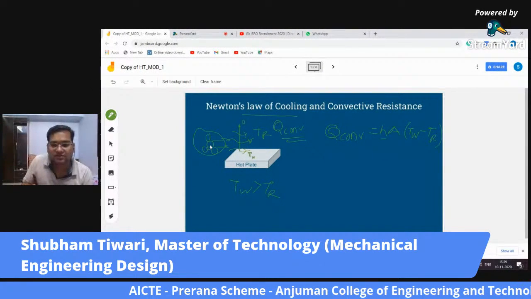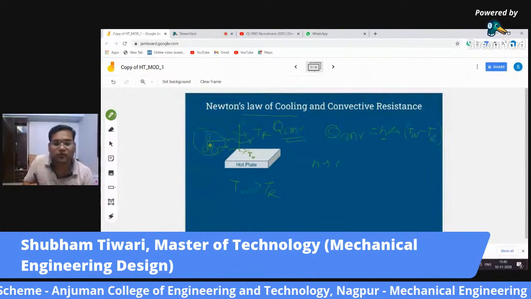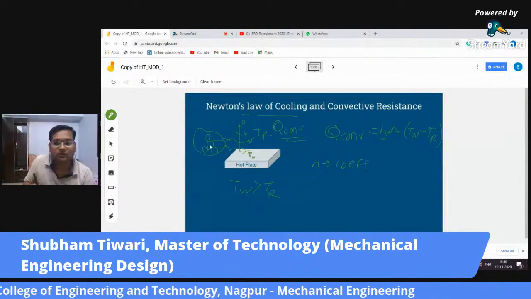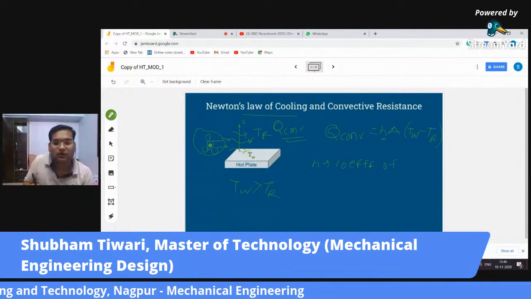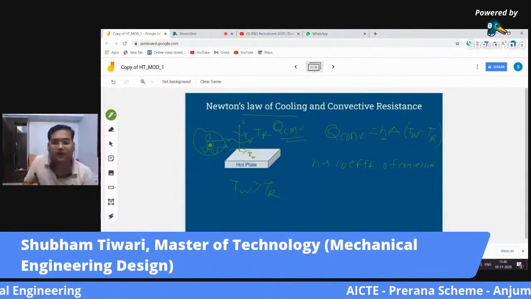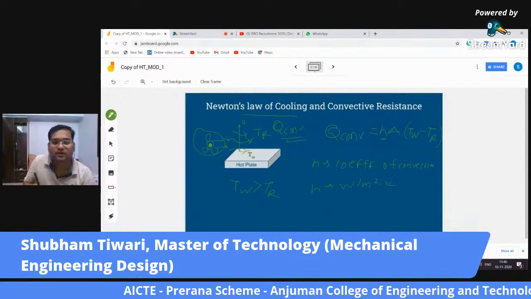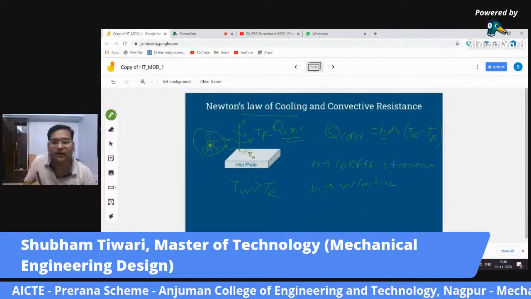Now what is this h? This h is known as the coefficient of convection. Its unit is watt per meter square Kelvin. If you rearrange these terms, you will find out.